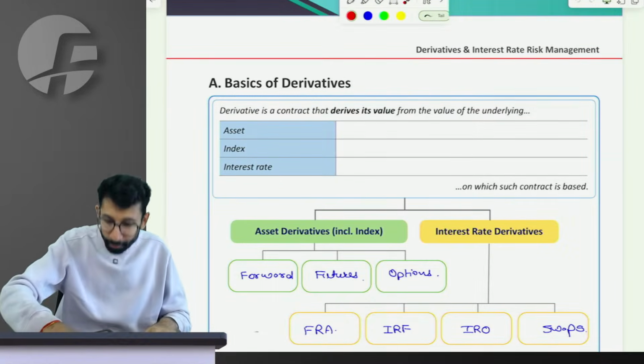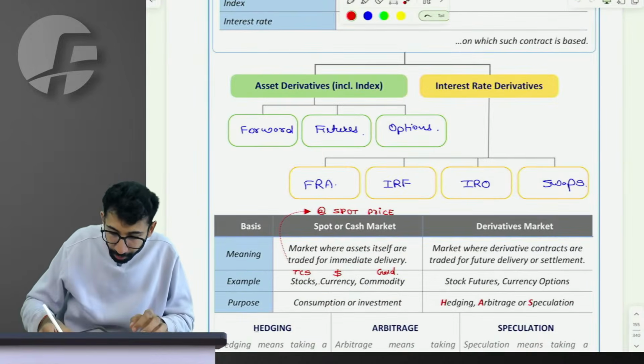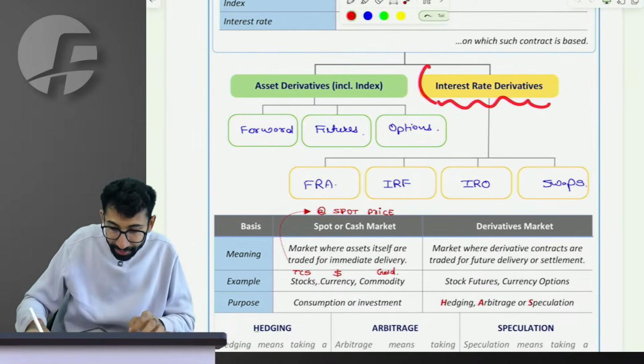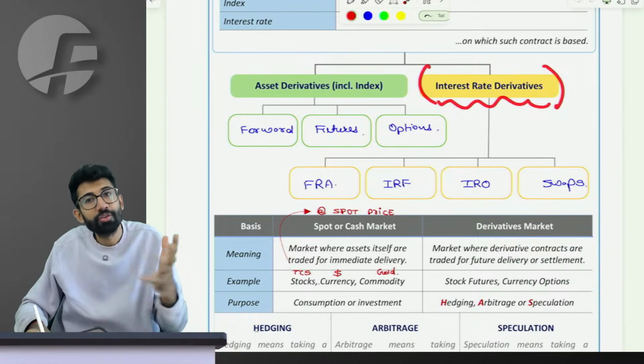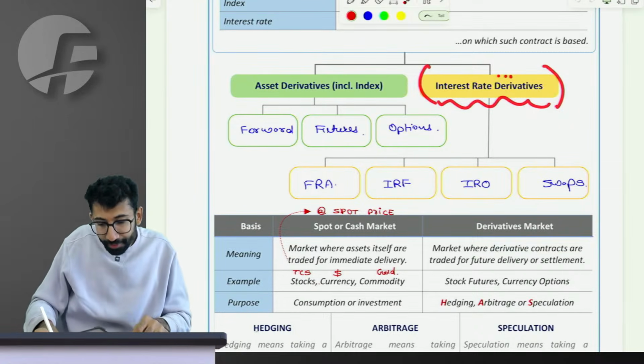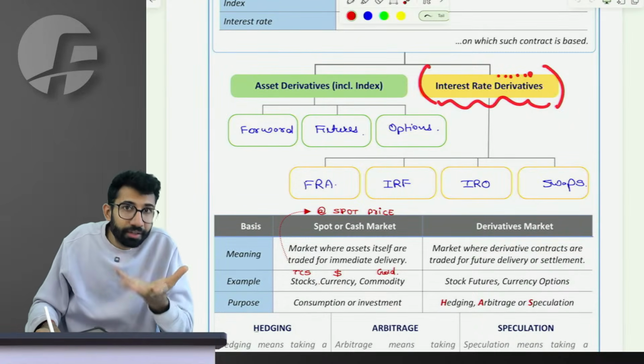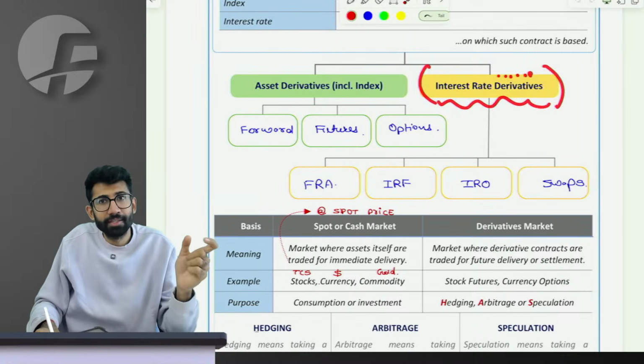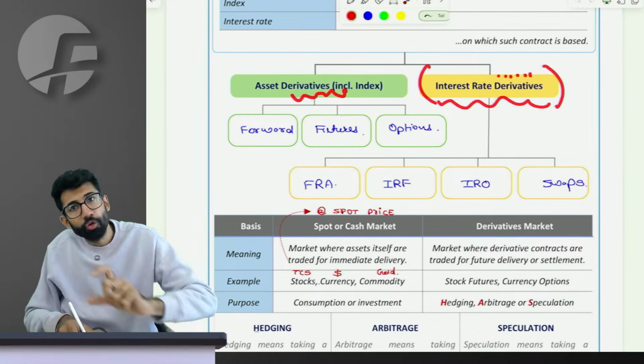Perfect. Now listen to me. When we talk about interest rate risk management, we are going to learn about interest rate derivatives. These are derivative contracts whose underlying is not a particular asset like gold or a share.